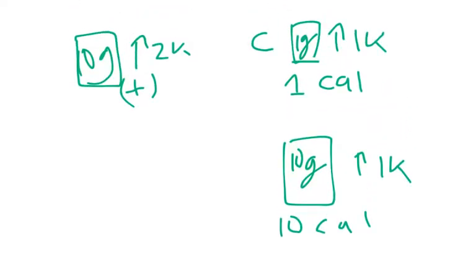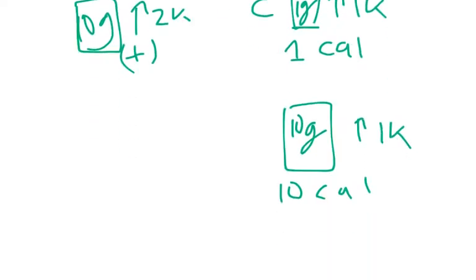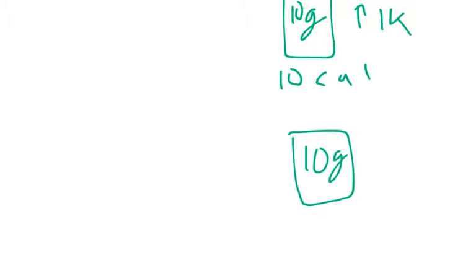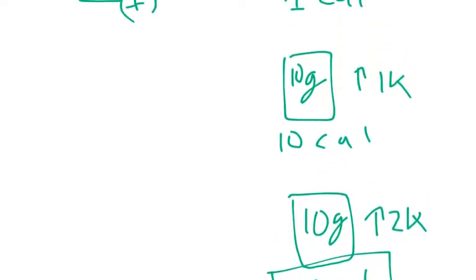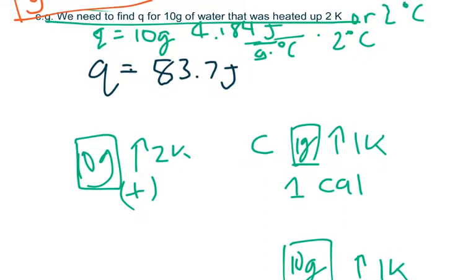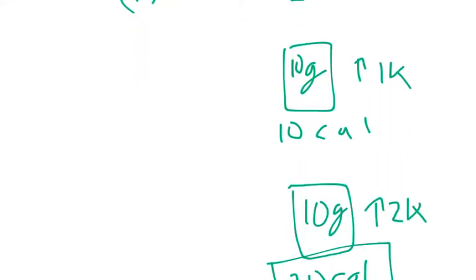And if we want to heat it up by twice as much, not just 1 Kelvin, but 2 Kelvin, then that means that we need twice as much energy. So if we increase the temperature by twice as much as 1 Kelvin, then that would require twice as much energy, and thus we arrived at an answer that we need a total of 20 calories to heat up 10 grams of water up by 2 Kelvin.